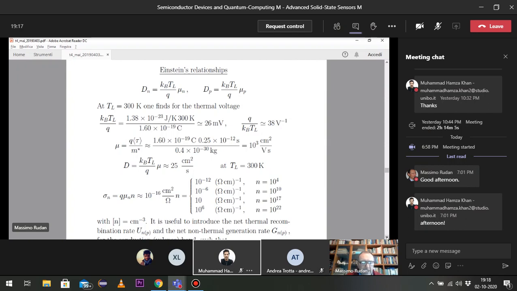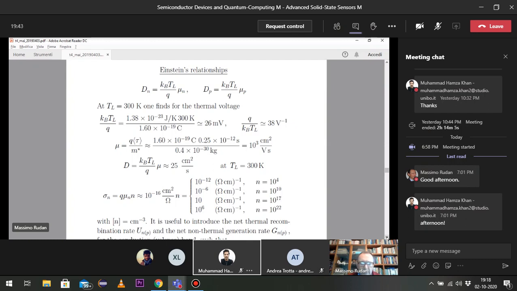We can consider, for instance, a conductor. You remember, in a conductor, the mobility is similar to that of a semiconductor. But in a conductor, the concentration of the electrons in the conduction band is much, much higher than in a semiconductor, okay?